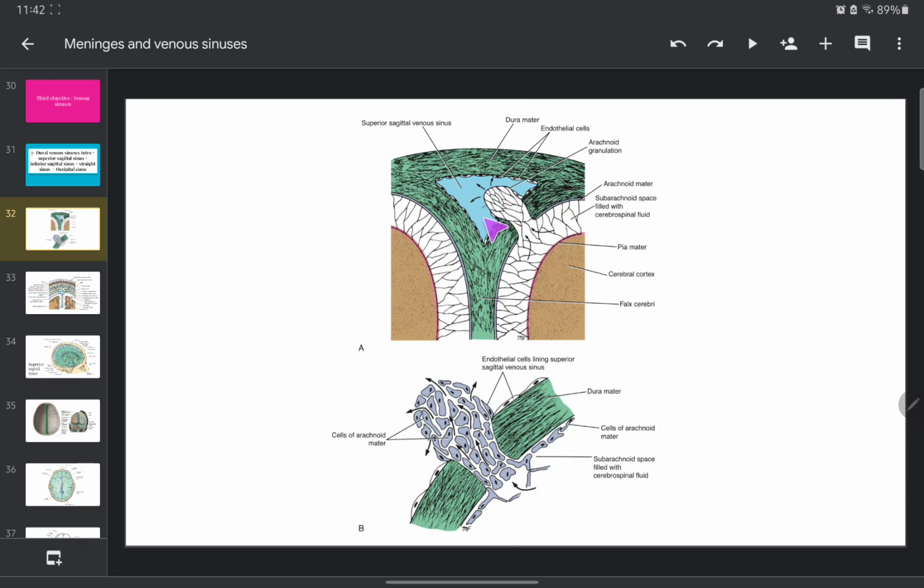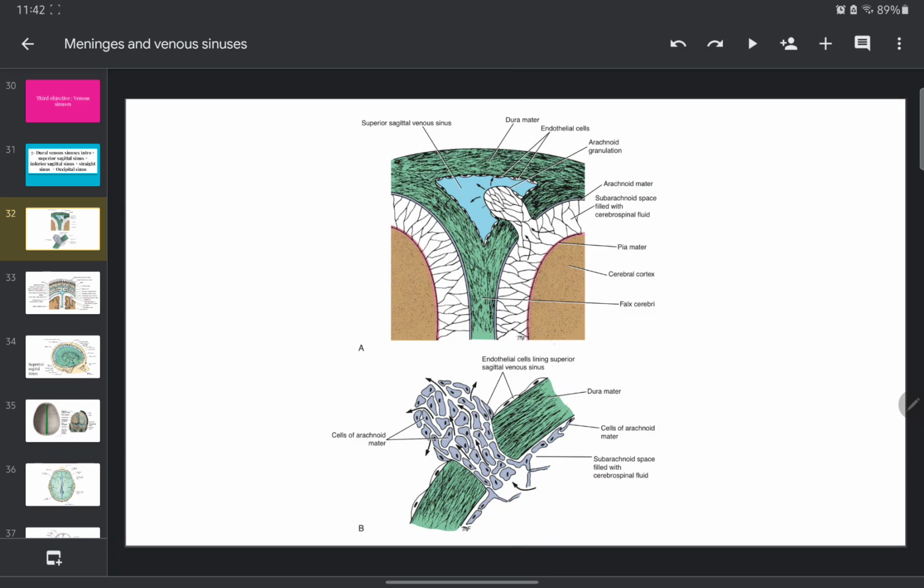Now these venous structures are actually lined with endothelial cells, as you can see, and their main function is to receive and to collect the deoxygenated blood coming from the brain itself via different veins of the brain, different cerebral and cerebellar veins of the brain, and also they collect the cerebrospinal fluid that is located within the subarachnoid space, which gets inside via the arachnoid granulations.